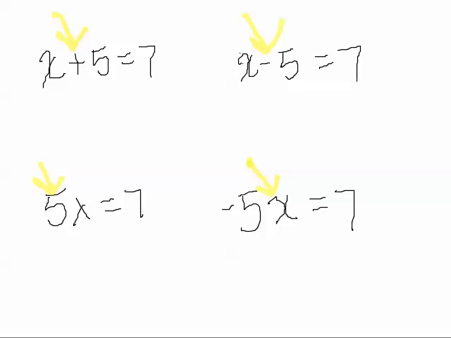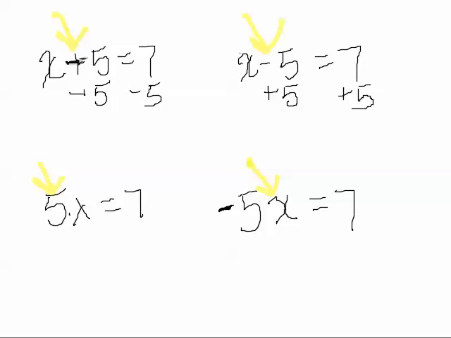We have to keep our thinking caps on and say, okay, if it's plus 5, I'm going to say minus 5 on both sides. If it's minus 5, the way to get rid of a minus 5 is to add 5 on both sides. That will solve my equation or get the variable by itself. Now watch what happens when it's negative 5 versus positive 5 and we're multiplying.